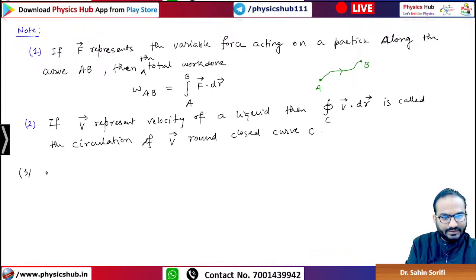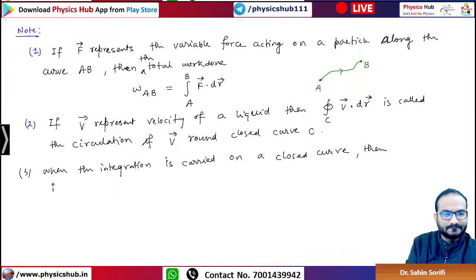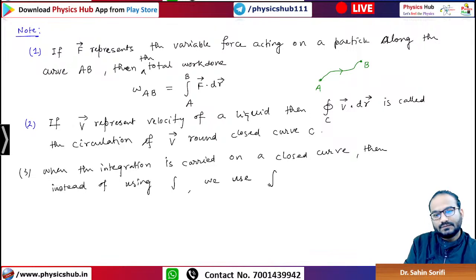Okay, so this is the third point: when the integration is carried on a closed curve, then instead of using this, we use this symbol, right?